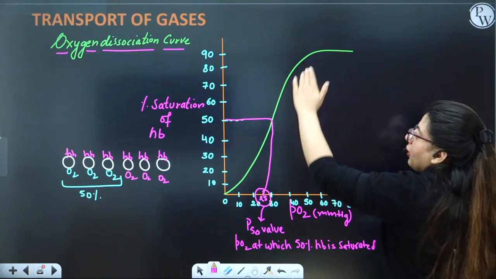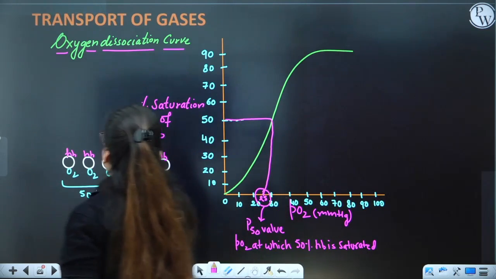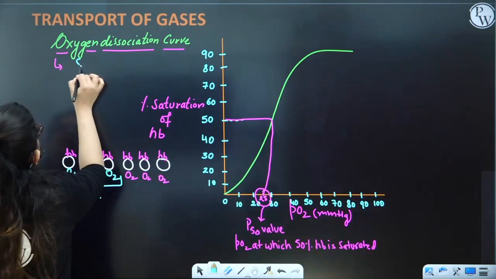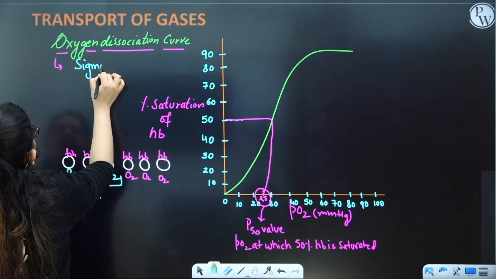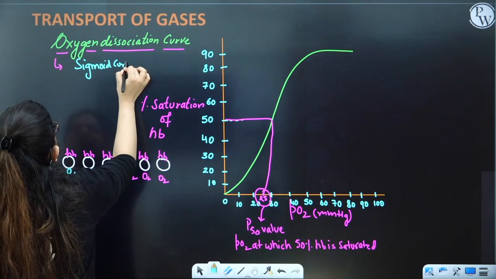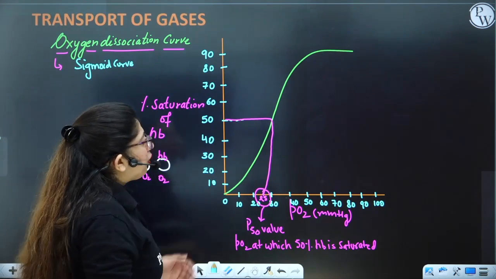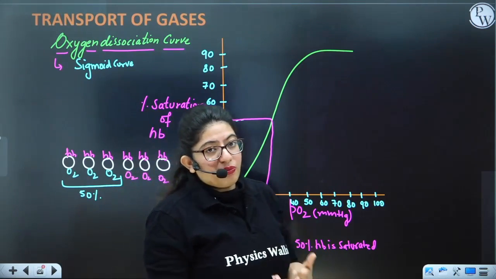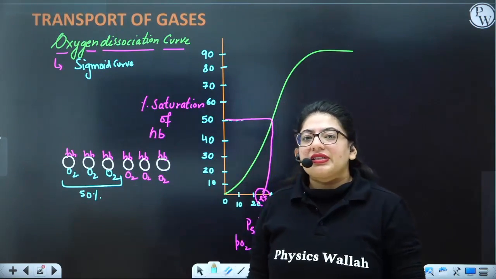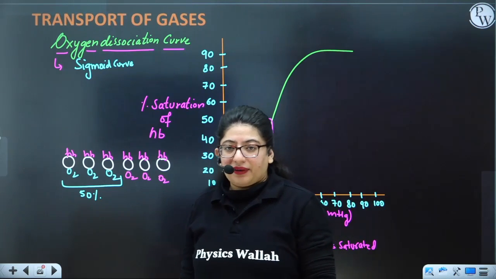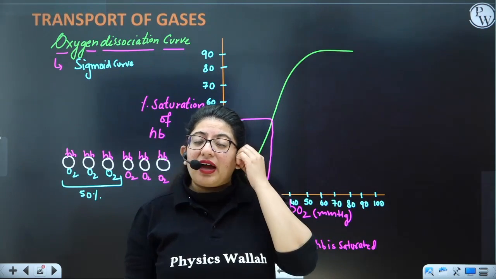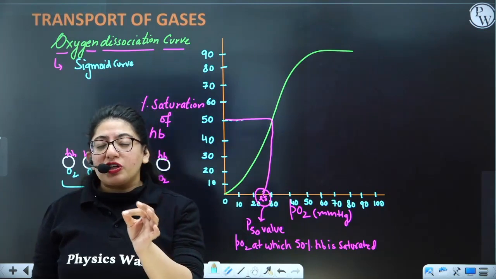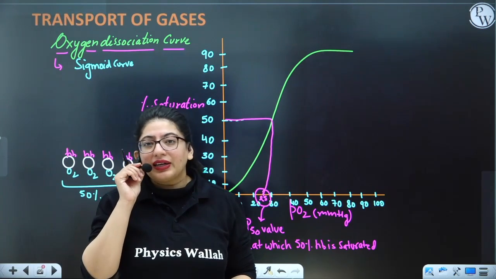So the curve that you get here in oxygen dissociation is your sigmoid curve. This curve can be shifted to the right side or left side depending upon the conditions of your body. For instance, if someone is exercising, that means they are using a lot of oxygen, so the partial pressure of oxygen in the blood will decrease.